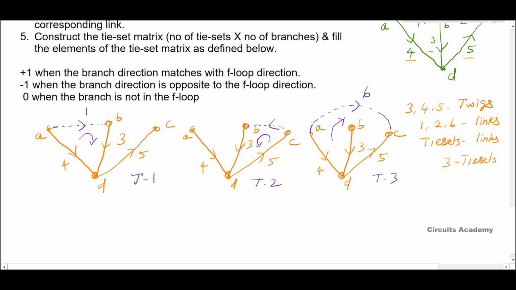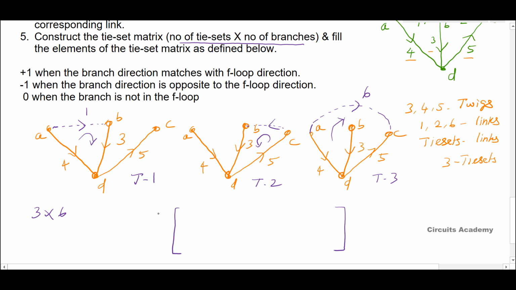As per step 5, the size of the tie set matrix is number of tie sets versus number of branches. So the tie set matrix size would be 3 cross 6. So we will have 3 rows and 6 columns.